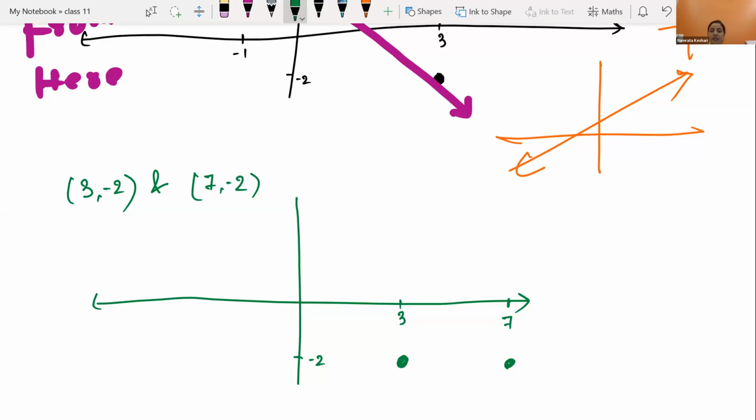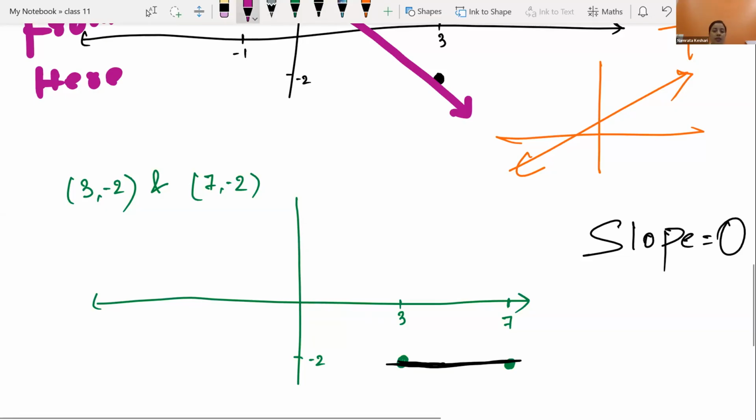And if I join these two green colored points, can you see it's a horizontal line? Yes, ma'am. And the slope was 0 over here. So if the line is horizontal, how much is it inclined with the x-axis? Nothing. This is the black line; if I draw the x-axis, both coincide with each other. Can you see that?